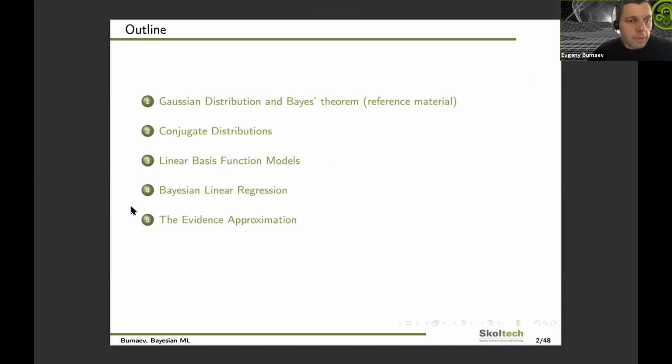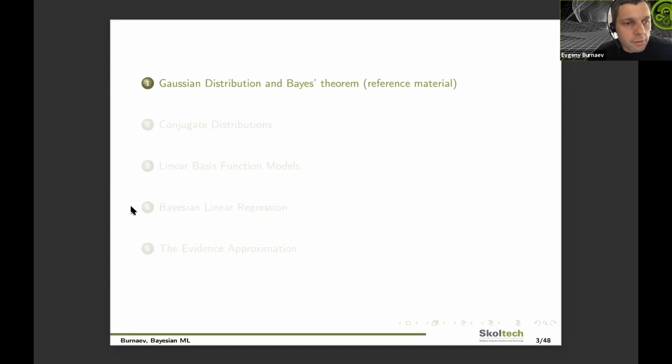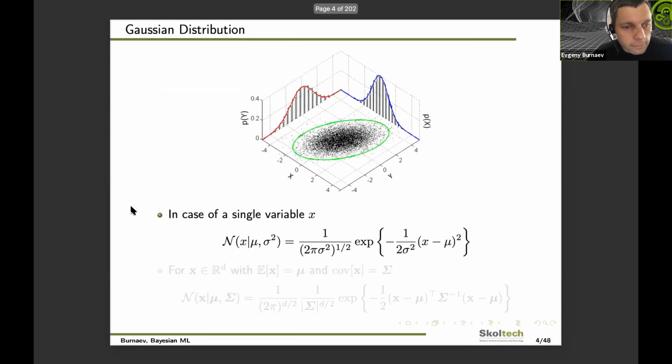First of all, let me start from some basic properties of the Gaussian distribution. I will use these basic properties many times for obtaining explicit formulas to calculate the posterior distribution.